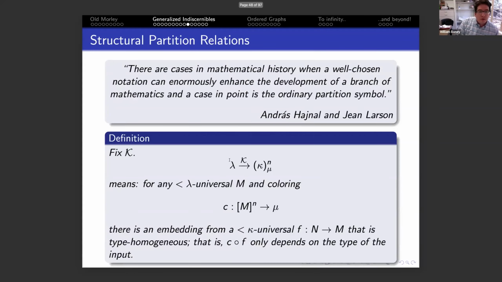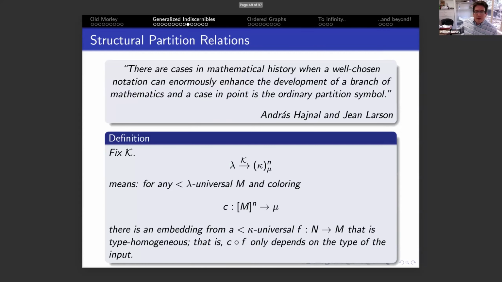And so what we're going to say is this holds if, given any lambda-big structure M, where big here really probably means less-than-lambda universal, so it contains a copy of any less-than-lambda sized structure in the class, I have some lambda-big M and some N coloring by mu many colors.